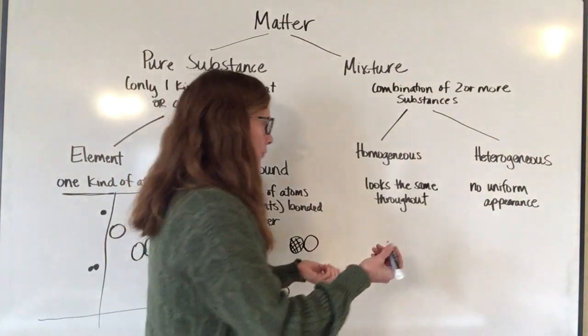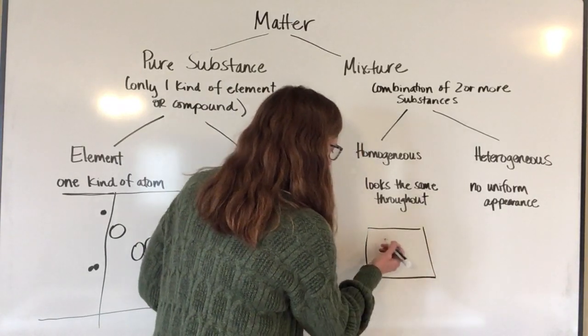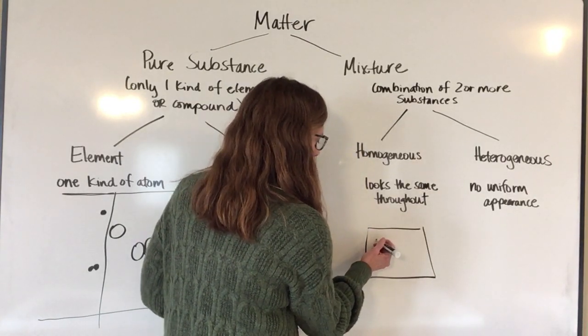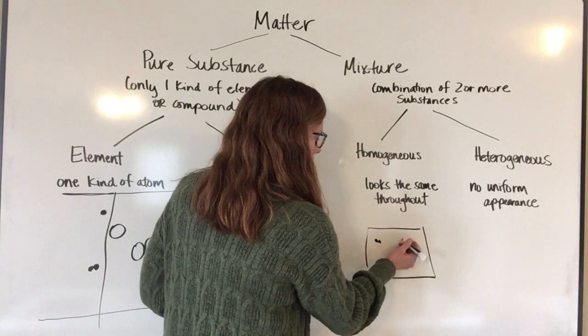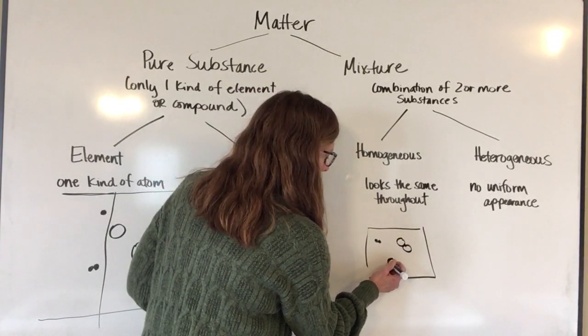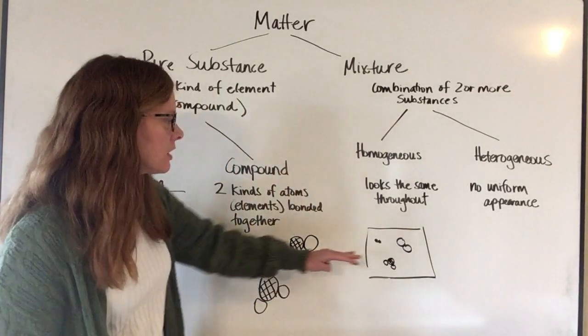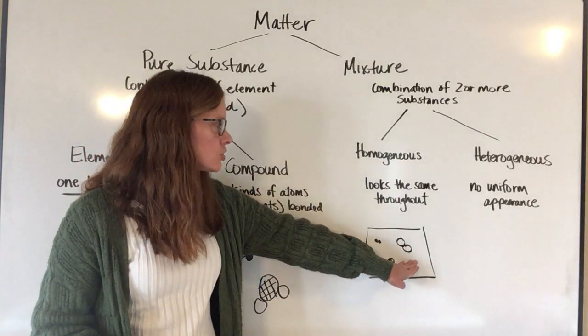So, for example, if I had air, I might have a mixture that looked like this. I might have some hydrogen, and I might have some oxygen, and I might have some carbon dioxide floating around in the air. So this is a mixture.